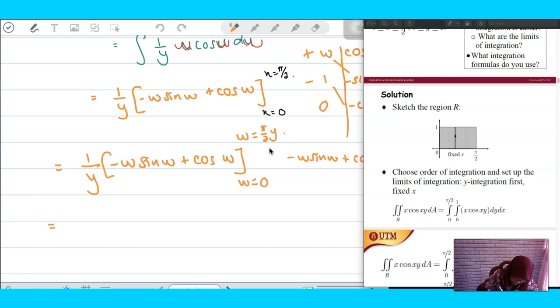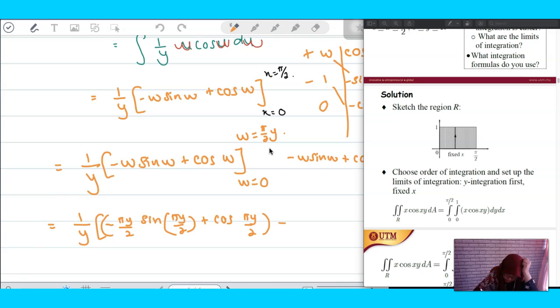So then we replace. So negative pi y over 2 sine pi y over 2 plus cos pi y over 2, minus negative 0 because w is 0, so 0 cos 0, so plus 1.